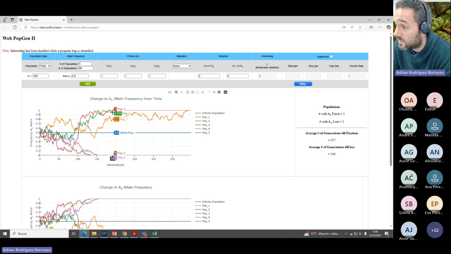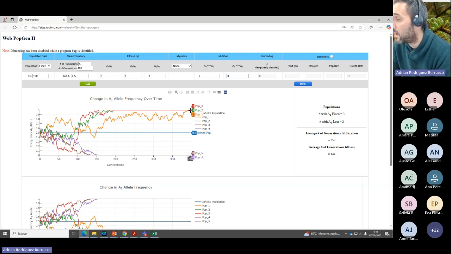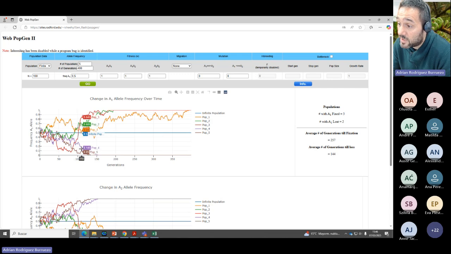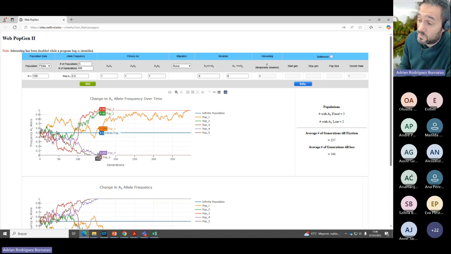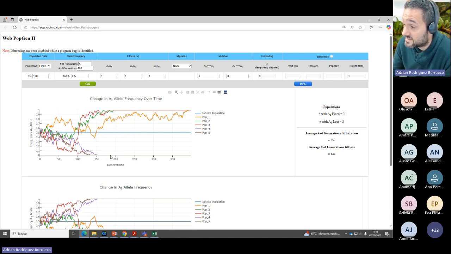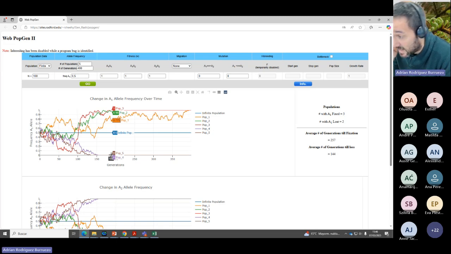The same happens with the green simulated population and with the orange simulated population at the end of 400 generations. On the contrary, other simulated populations show that the allele which disappears is A1, and the one which stays at 100% is allele A2. Therefore, only A2A2 individuals remain after 100, 150 generations.